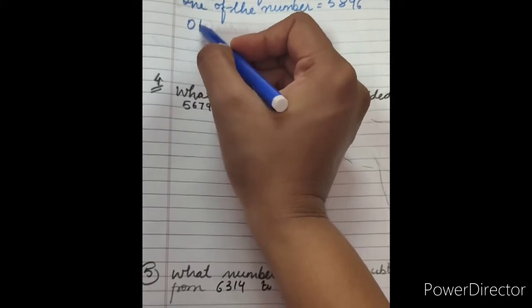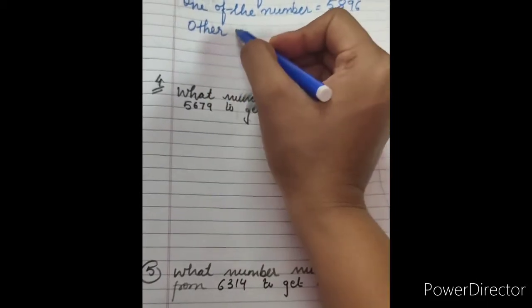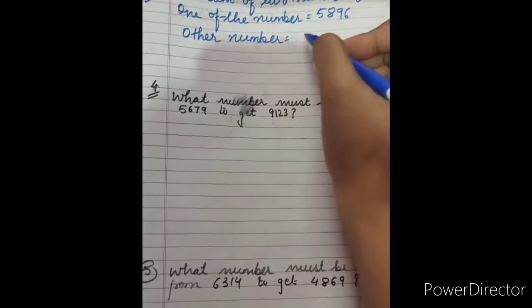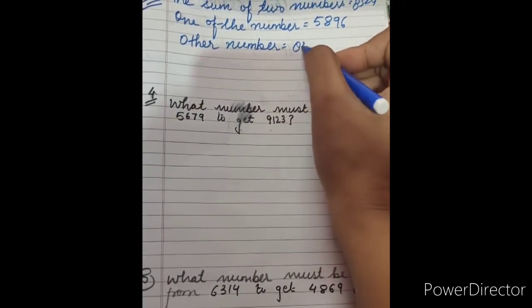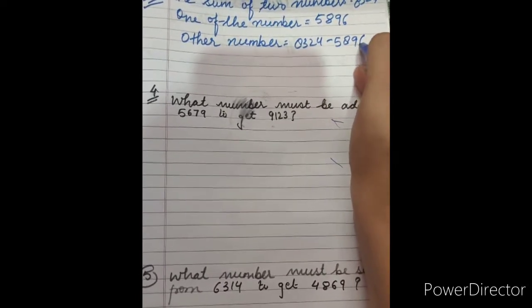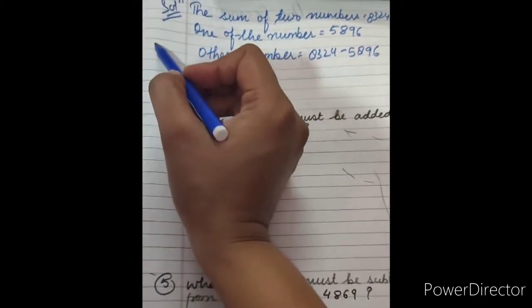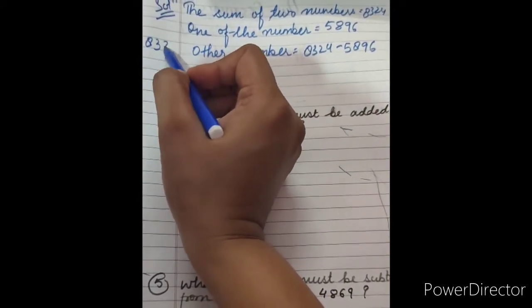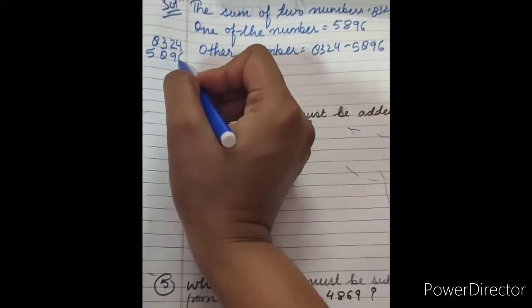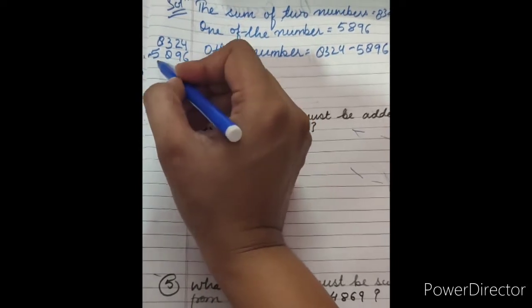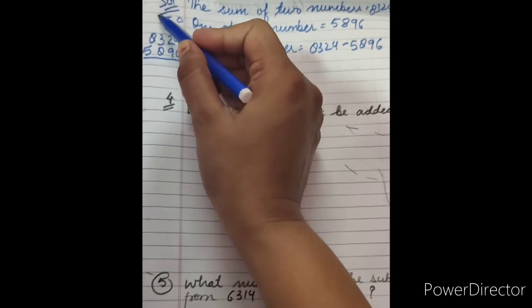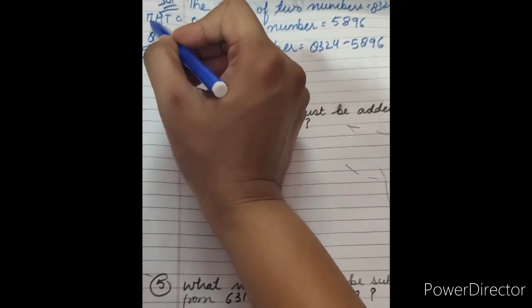Then the other number equals 8324 minus 5896. So 8324 minus 5896, subtract. This is ones, this is tens, this is hundreds, and this is thousands.